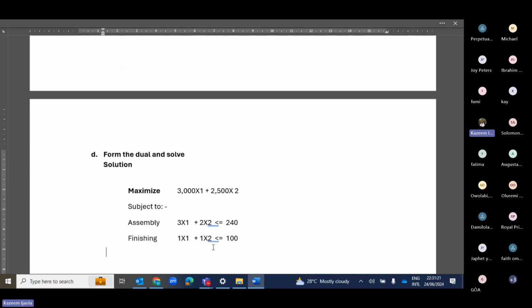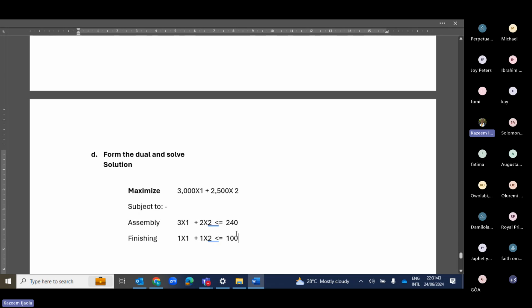So now, when you have copied it like this, you will now transpose it. How do you transpose your answer now? Your x1 will turn to y1. Your x2 will turn to y2.